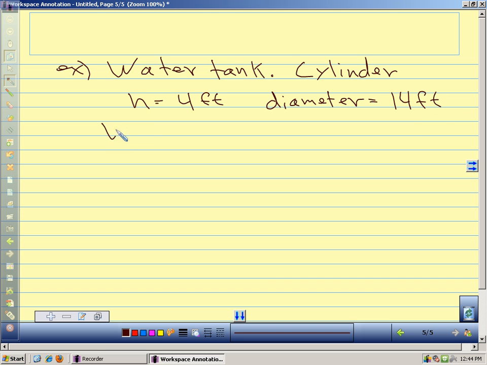We want to know the volume. How much water does it hold? So for this formula, just like the last one, we need two pieces of information, the height and the radius. So what's our radius here? 7, half the diameter.